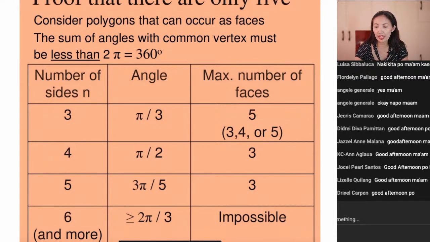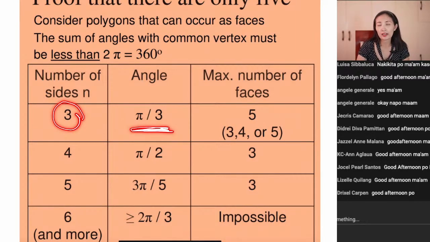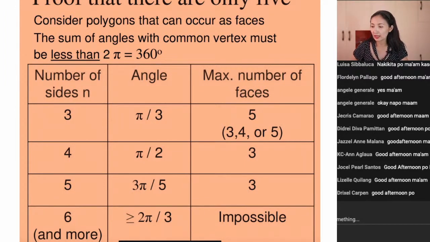If the number of sides is 3, every angle of an equilateral triangle, with equal sides, must be equal also. That's 180 divided by 3, or 60 degrees. So the number of faces at a vertex could be 3, 4, or 5.